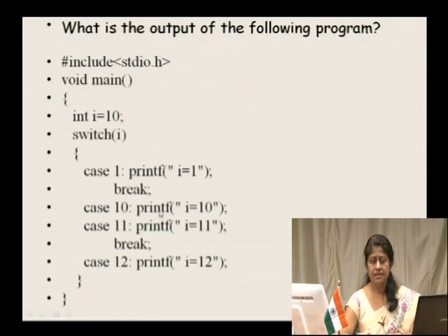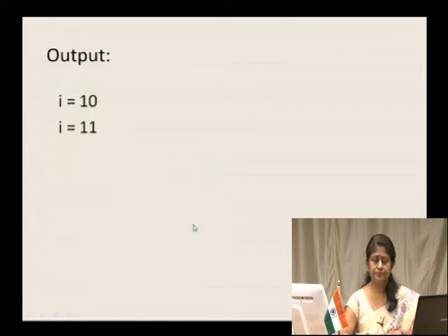What is that statement? printf i is equal to 10, and after this we do not have a break statement. So, the control seeps into the next case, and printf i is equal to 11 also happens. After this we have a break statement. So, when we execute this program, these two statements would be printed.